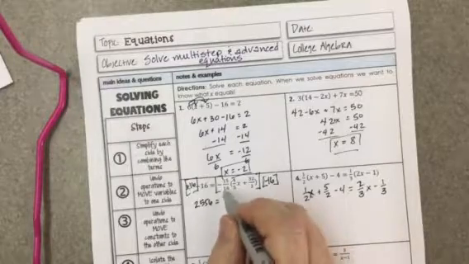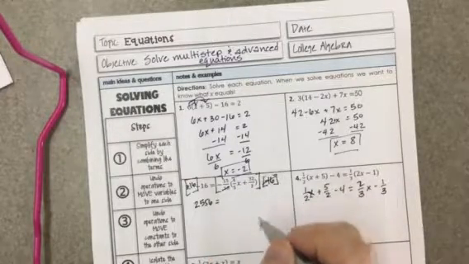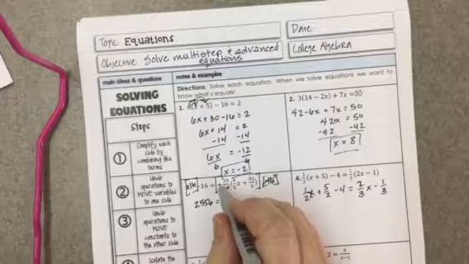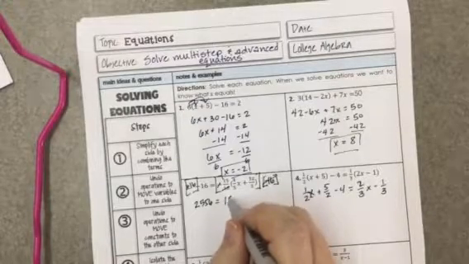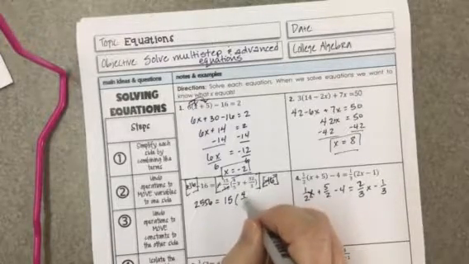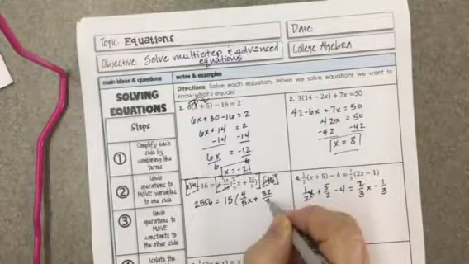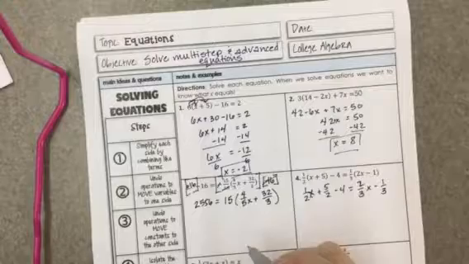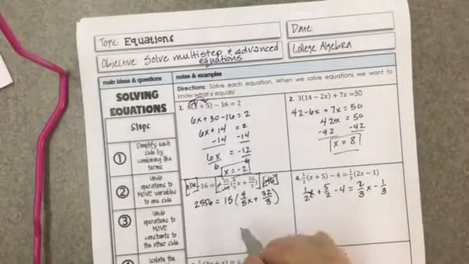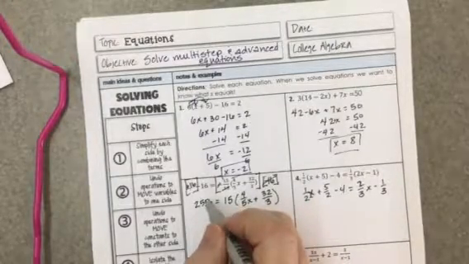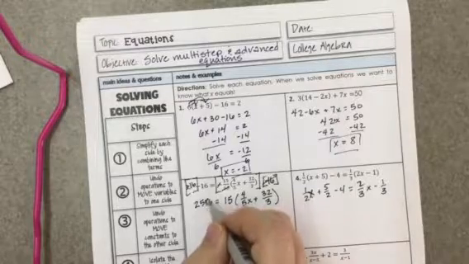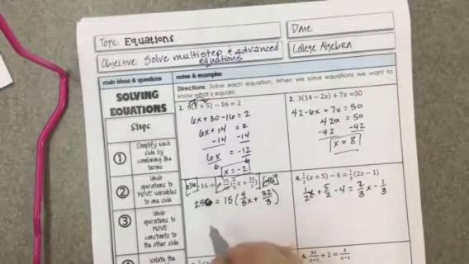And then I'm left with, because now this negative 16 and this negative 16 cancel, I'm left with 15 times 4/5 x plus 32 over 3. Now I'm going to distribute the 15, excuse me, this should say 256. Apologize.